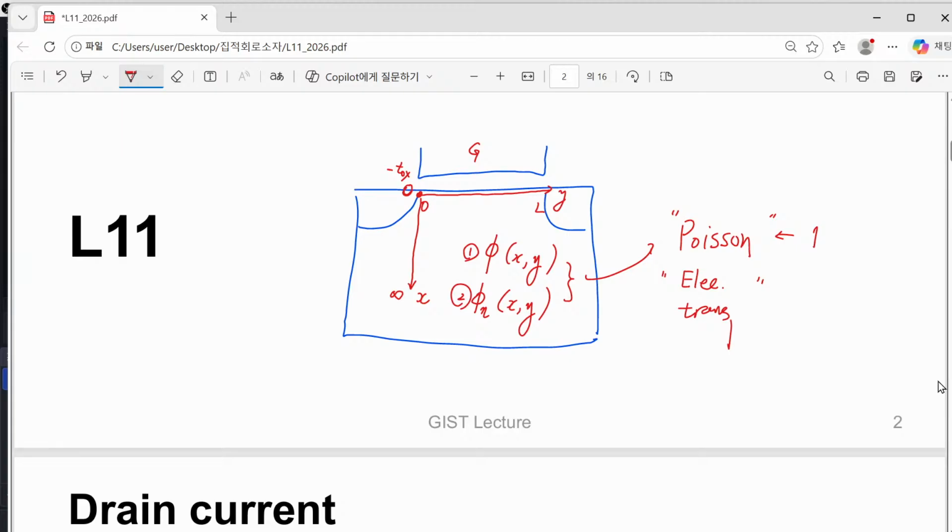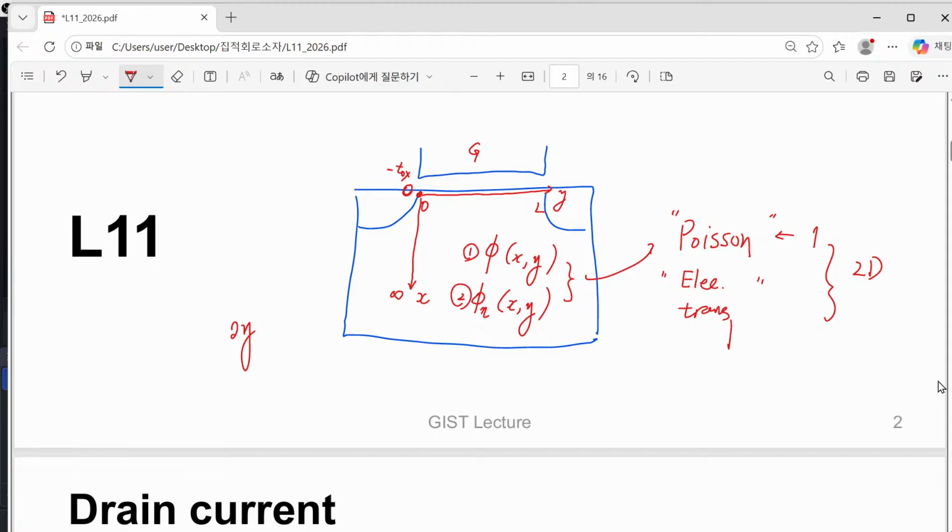But anyway, both the Poisson equation and the electron continuity equation are two-dimensional equations. So we have to consider the partial derivative with respect to x and also with respect to y simultaneously. So this is not very convenient.